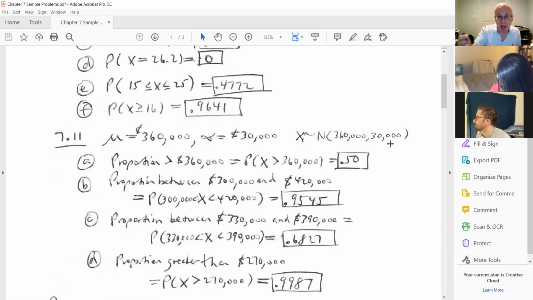You select somebody at random, say what's the probability that person has values between whatever. Or you could say what proportion of the population has these values. It means the same thing. So if you say proportion, it means probability. That's why I wrote it out this way.